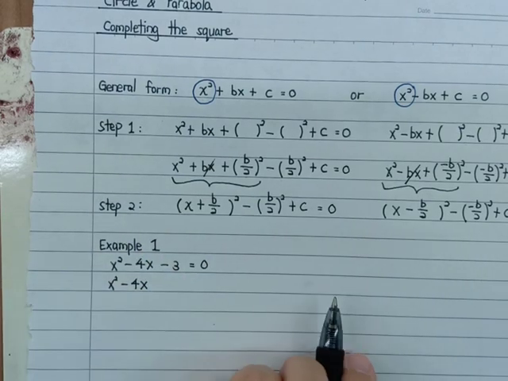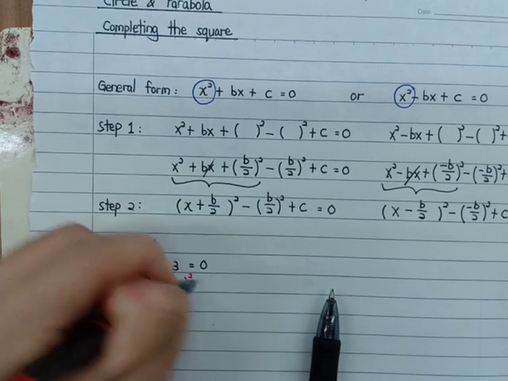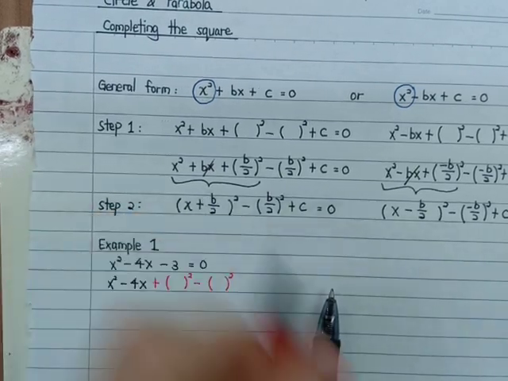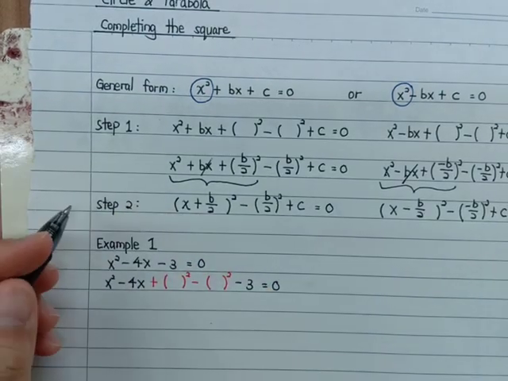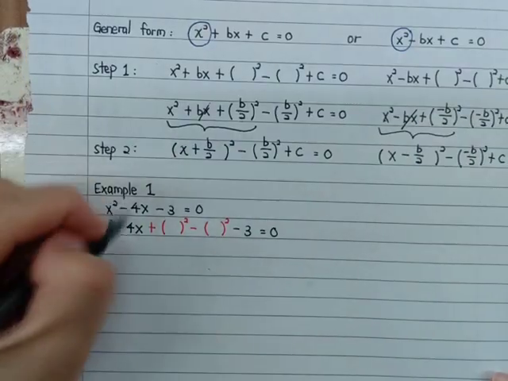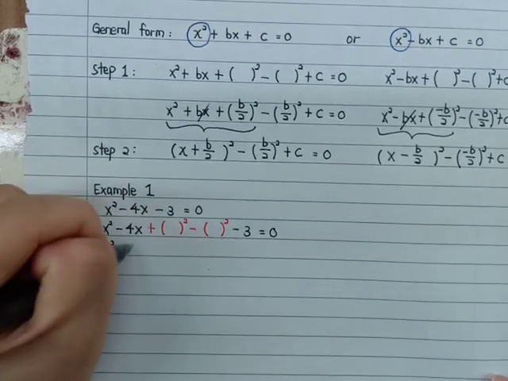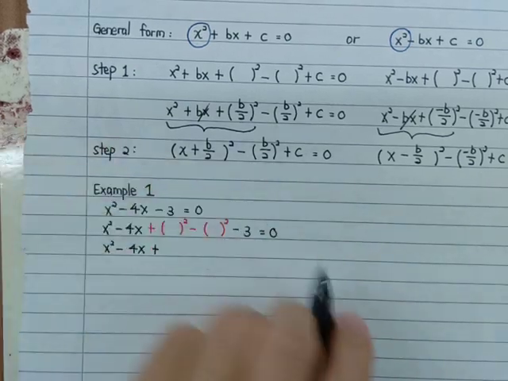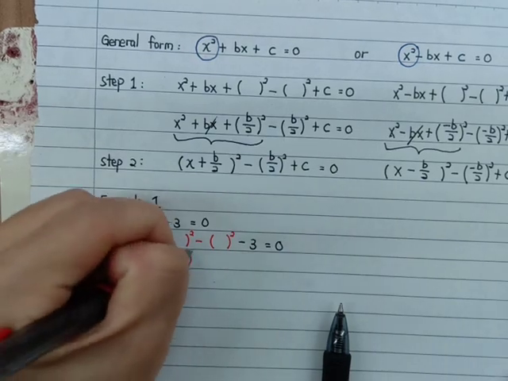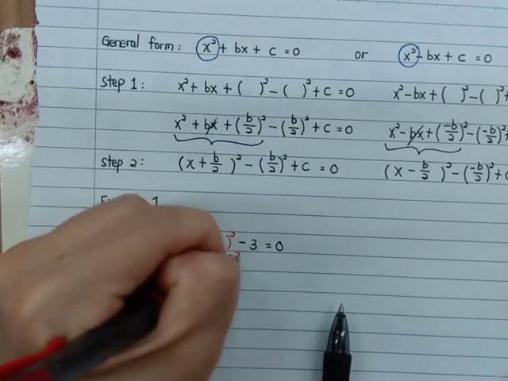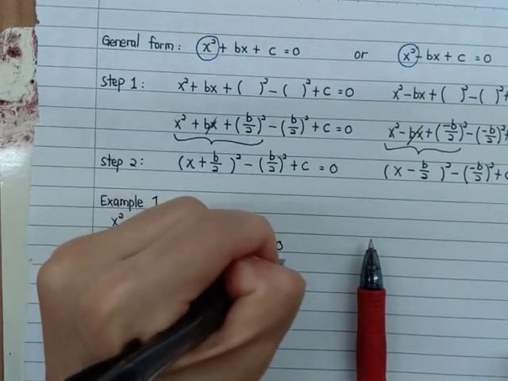In our step 1, I should put two brackets, plus bracket squared minus bracket squared and then minus 3 is equal to 0.